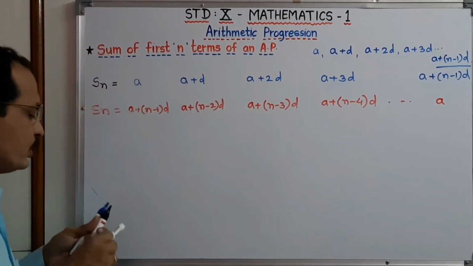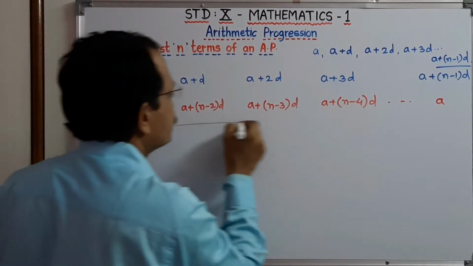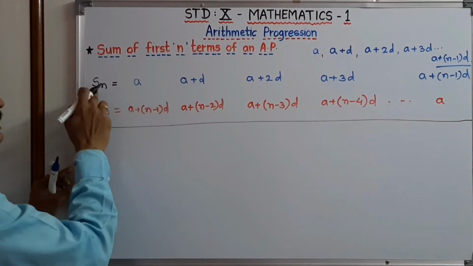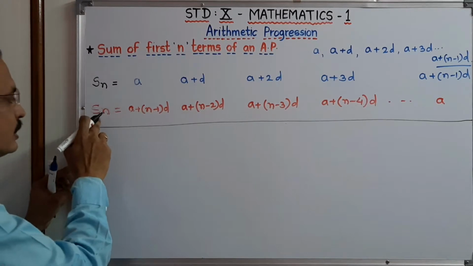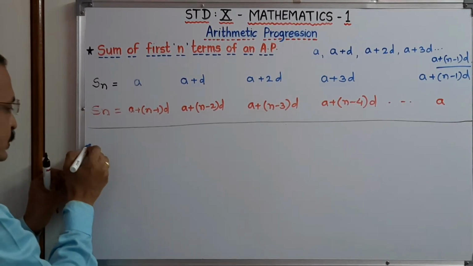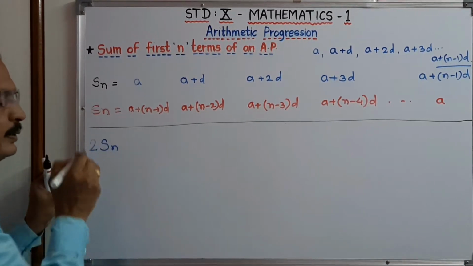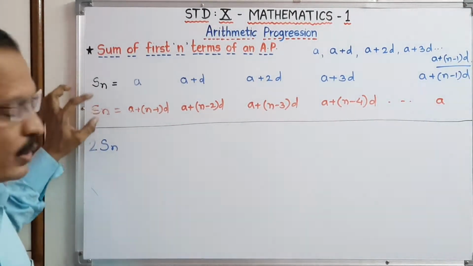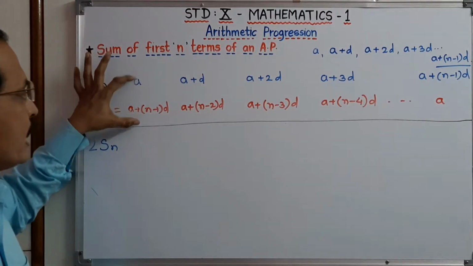Now we have to do the addition of these two. Here this one is Sn and this is another Sn, therefore it is 2Sn. Got it? We got 2Sn.